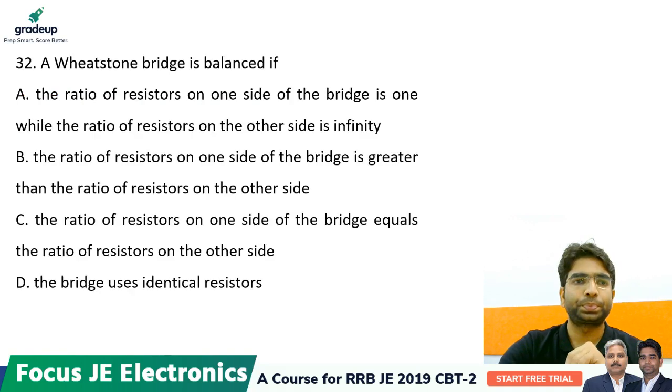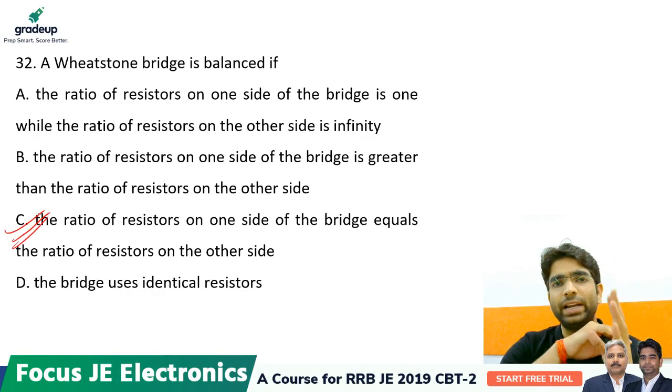Now, the Wheatstone bridge is balanced. When is the Wheatstone bridge balanced? When the ratio of resistors on one side of the bridge equals the ratio of resistors on the other side.